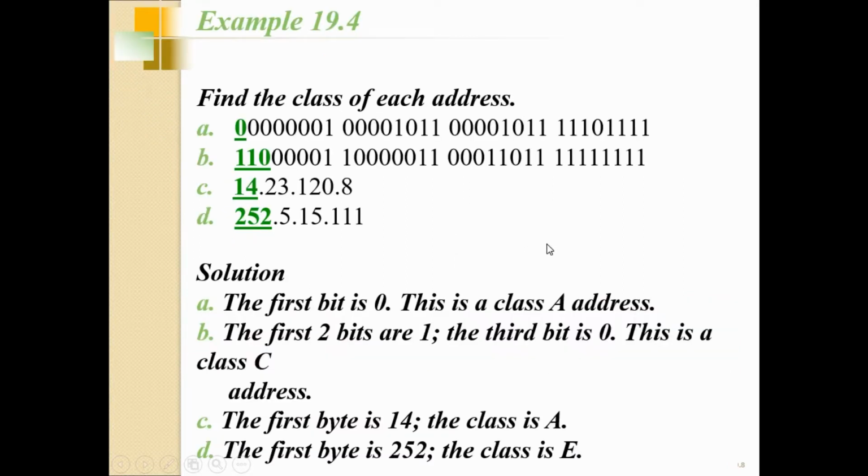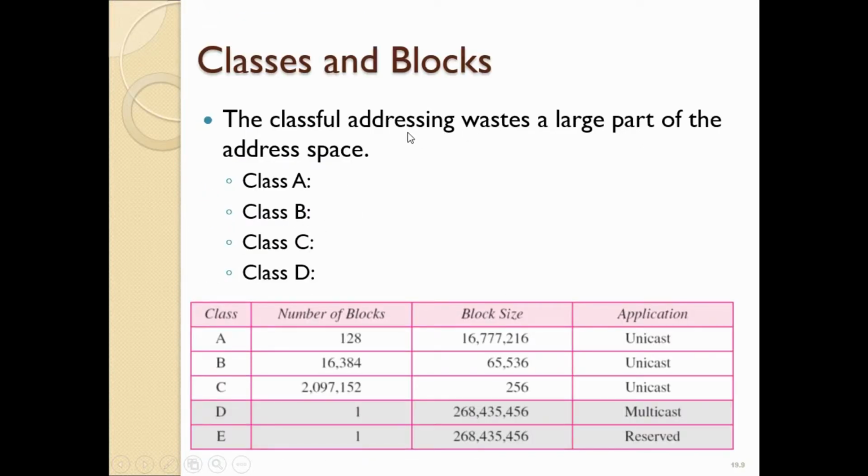That is, if we have this address space of 252.0.0.1 and the rest of the remaining addresses up to 252.5.15.111, the rest of the addresses which follow the previous one are unused. So we waste a large part of the address space in the block system.